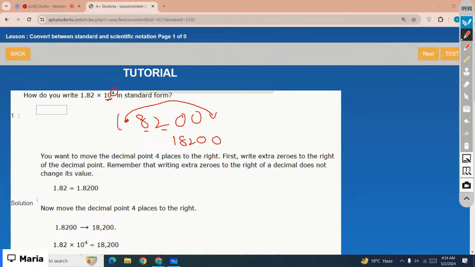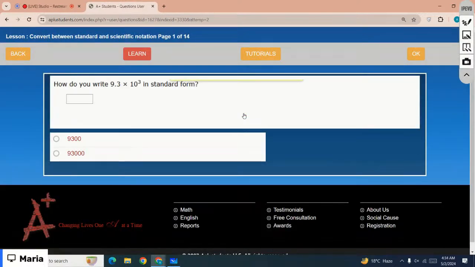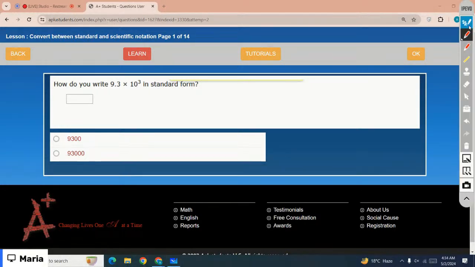Okay, let's just start with the practice questions. How do you write 9.3 times 10 exponent 3 in standard form? First look at the exponent of the 10, that is 3. That means you need to move the decimal point 3 places, right? You move the decimal point 3 units.